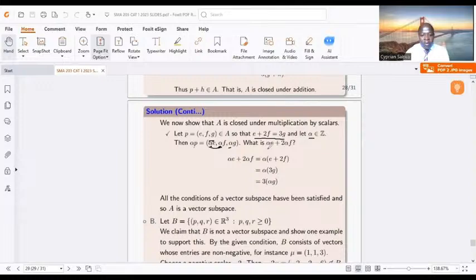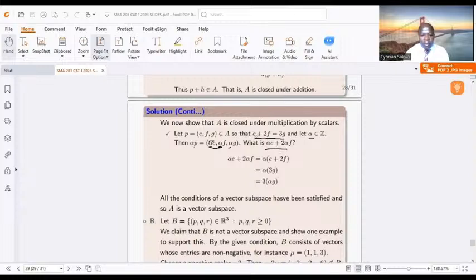Let's see if that is true. So alpha E plus 2 alpha F is alpha, factoring alpha out, E plus 2F.